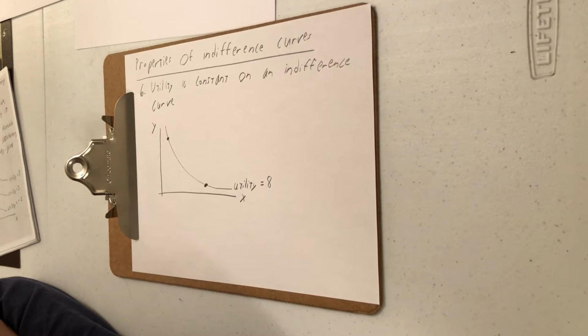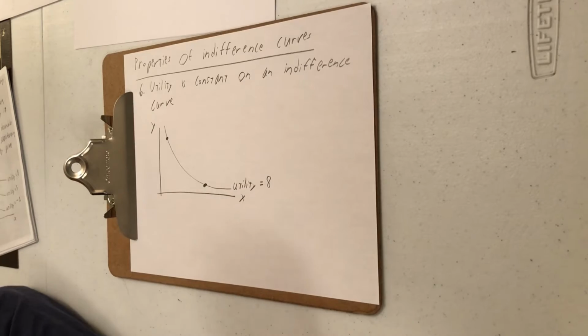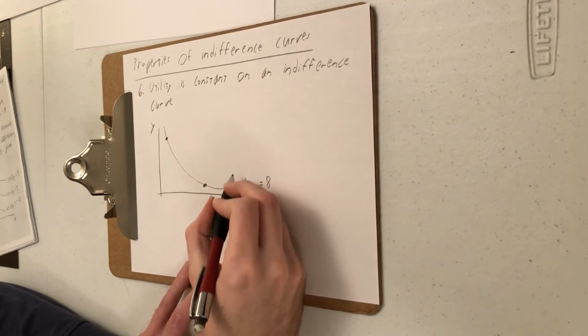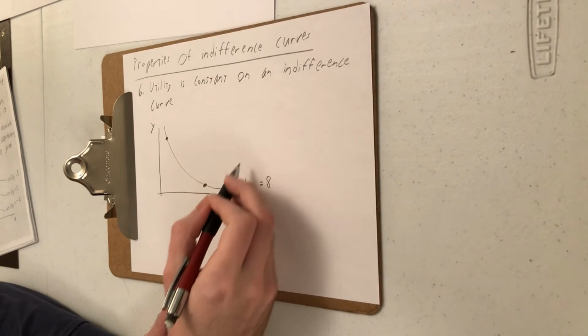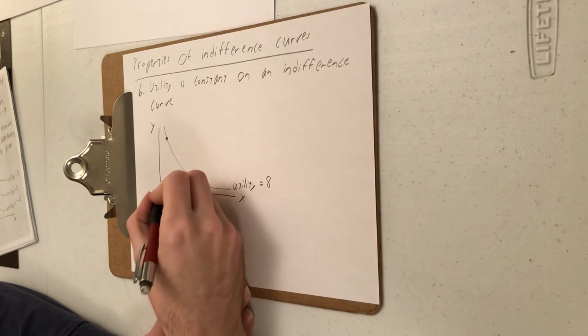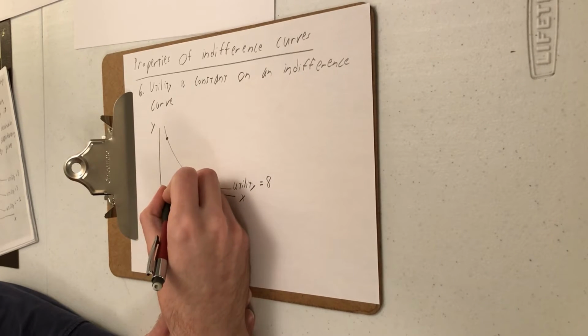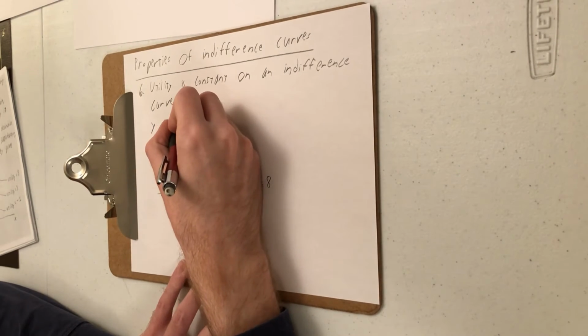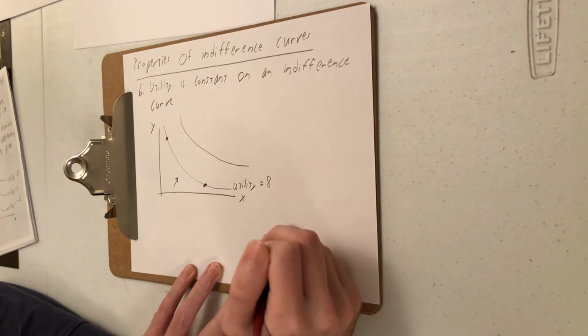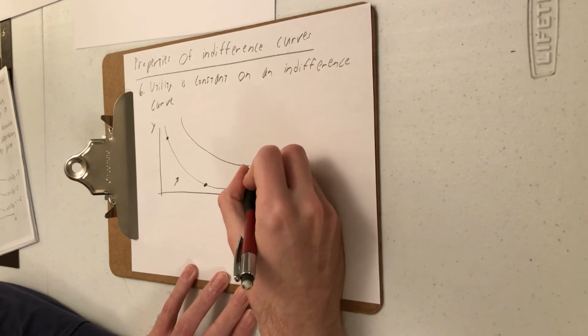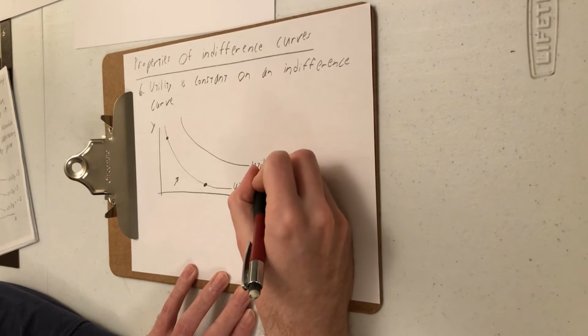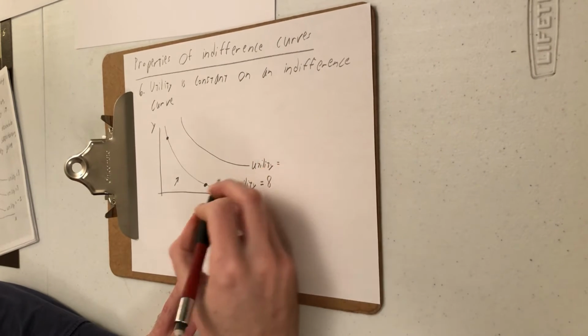We can start combining things with stuff we learned earlier. And we said that the consumer wants to be as far out as possible in this direction. So we have some other curve over here, then stuff on that curve is more desirable than stuff back here.